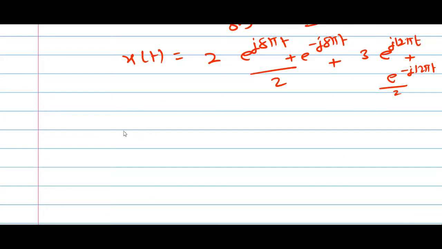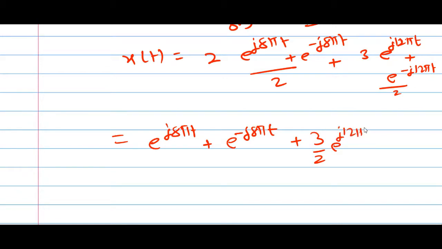So this is nothing but, 2 cancel, e raised to power j 8 pi t plus e raised to power minus j 8 pi t plus 3 by 2 e raised to power j 12 pi t plus 3 by 2 e raised to power minus j 12 pi t. So this is our x of t.